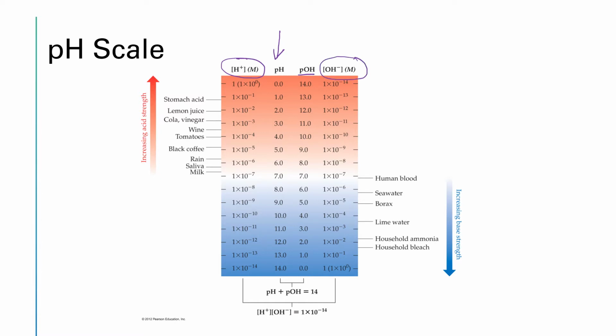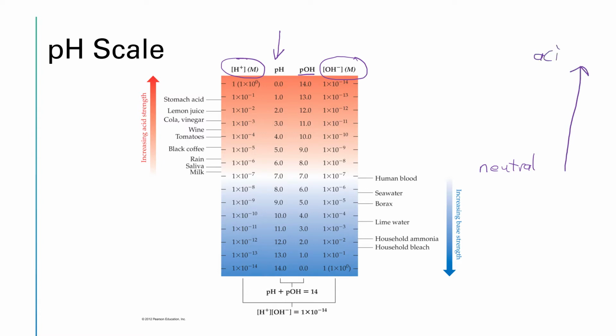On the pH scale, the neutral point is a pH of 7. And any pH values that are smaller than 7 are considered to be acidic.